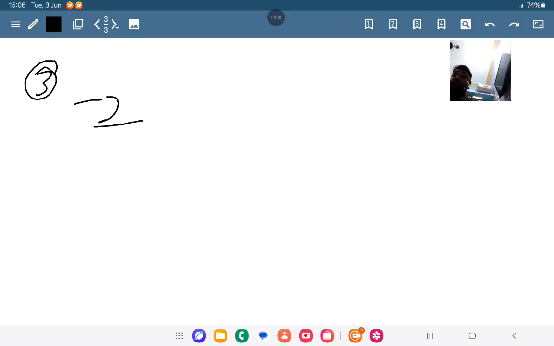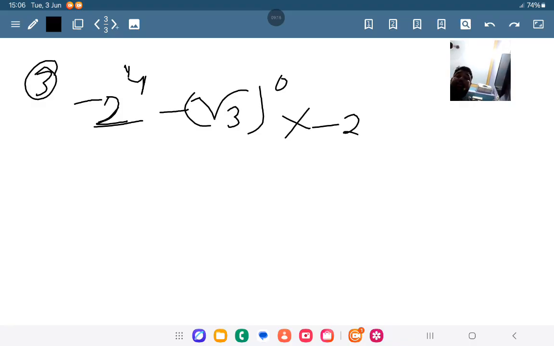Minus 2 to the power 4 minus root 3 to the power 0 into minus 2 to the power 6 divided by 4. Divided symbol.